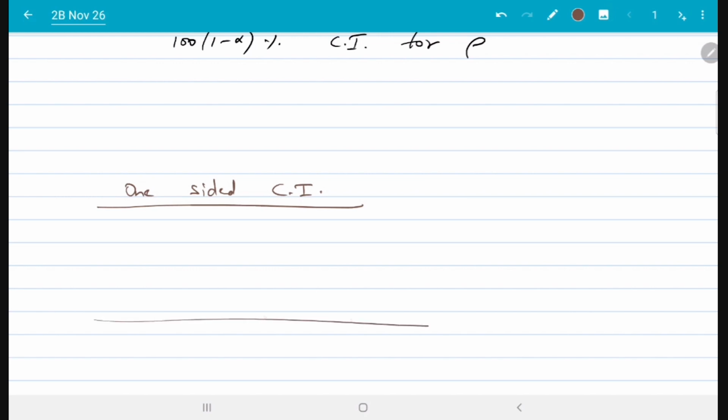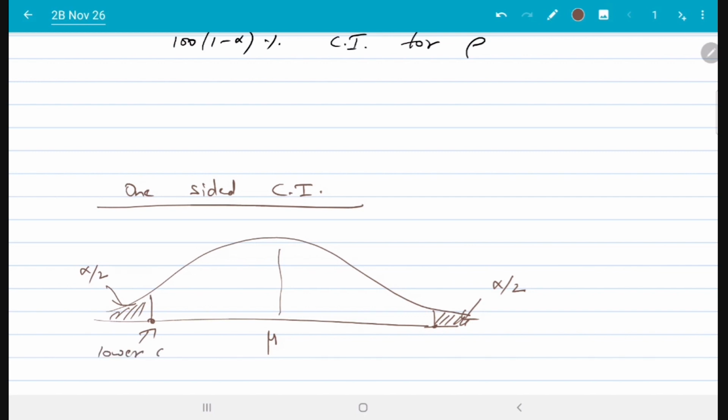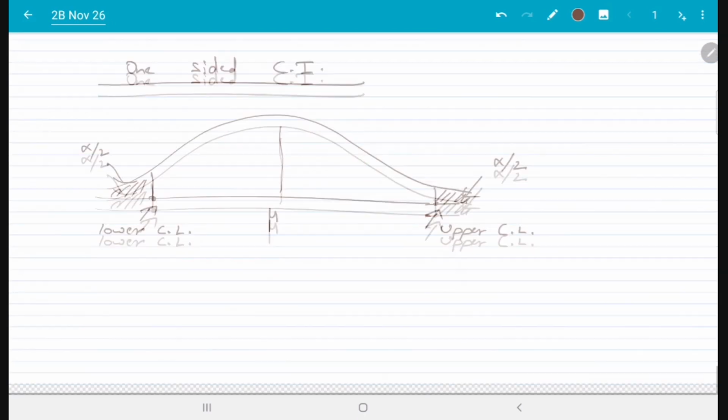Okay, so till now, what we've been doing is something like this. And this exercise is only for mu that I'm doing. You take out area alpha by 2 here, area alpha by 2 here, and you have the lower confidence limit and upper confidence limit.